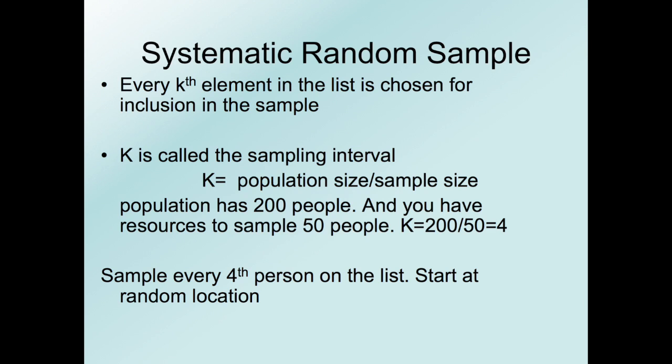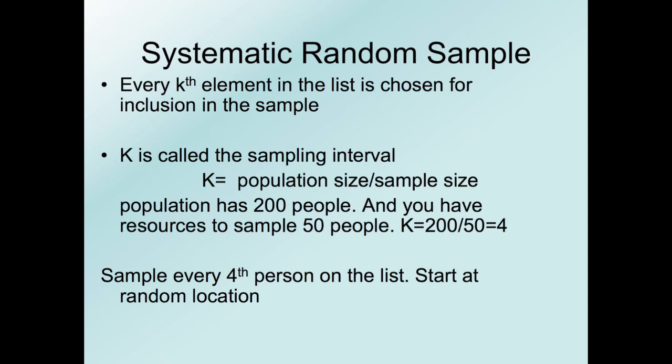What a systematic random sample does is it chooses every Kth element in the list for inclusion into the sample. There are a lot of ways that you can go about doing this. K is the sampling interval. So you take the population size and divide it by how large you need your sample to be. Maybe that's based on resources or availability or time, or it could be a variety of different reasons.